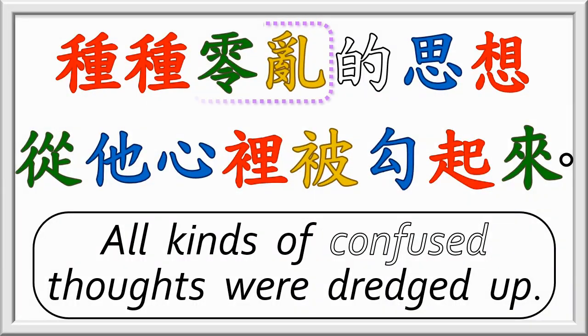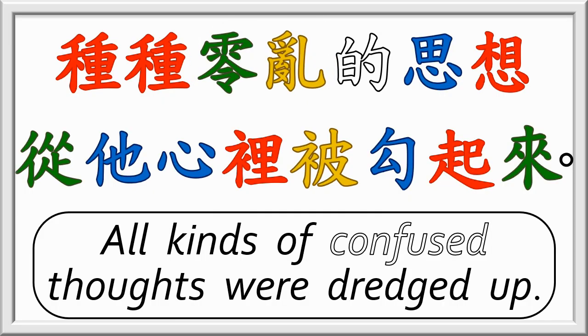This new character, 令, is extremely useful, entering into many common phrases, all of which come from this depiction of scattered raindrops. Beginning with 凌乱, meaning all over the place, confused disorder. 种种凌乱的思想从他心里被勾起来.